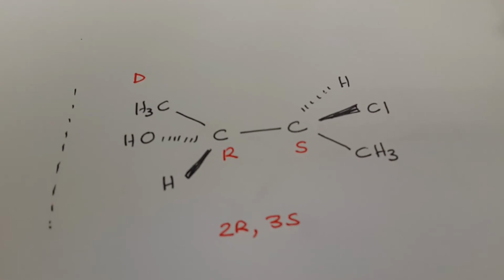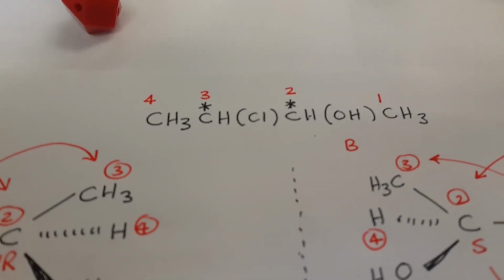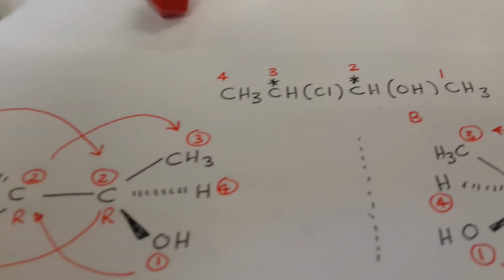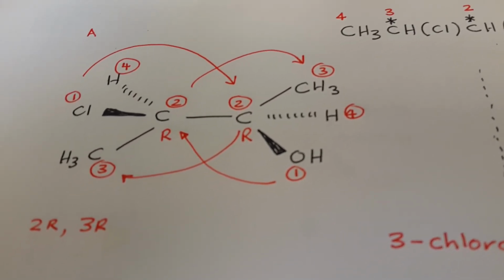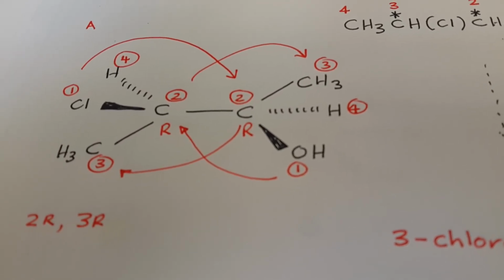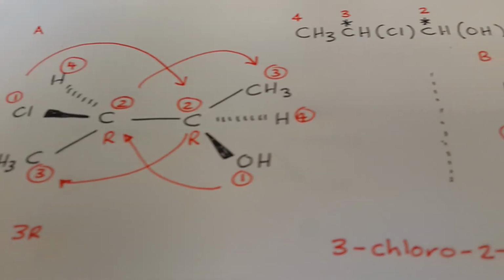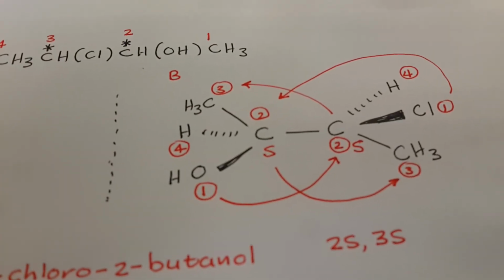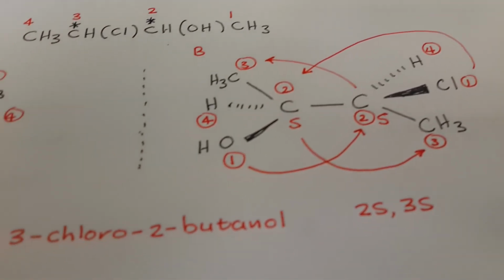And the numbers 2 and 3 refer to my carbon atoms 2 and 3 in this molecule. So we look at the carbon with the hydroxy and then put the stereochemistry in it. So it's 2R, 3R because the carbon with the hydroxy is R, then the carbon with the chlorine is also R. So that's 2R, 3R. Likewise here, again you look at the carbon with the hydroxy first, it's S, and then the carbon with the chlorine is S, so 2S, 3S.